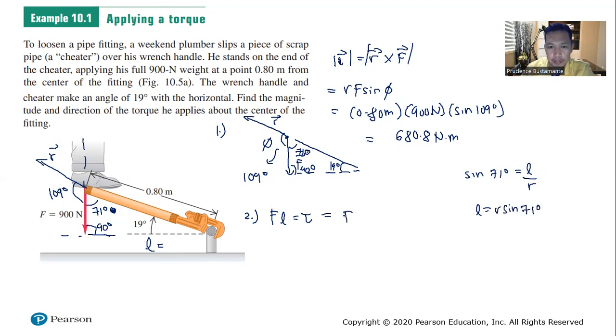So we have F times R sine of 71 degrees: F is 900 Newton times 0.80 meters times sine of 71 degrees.